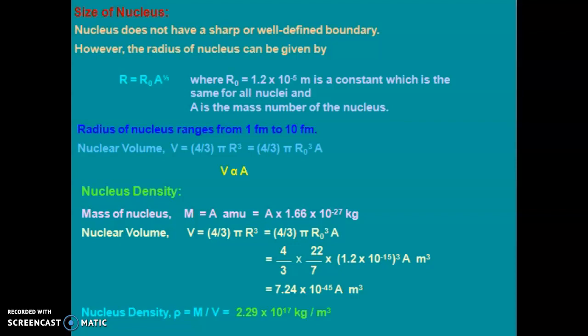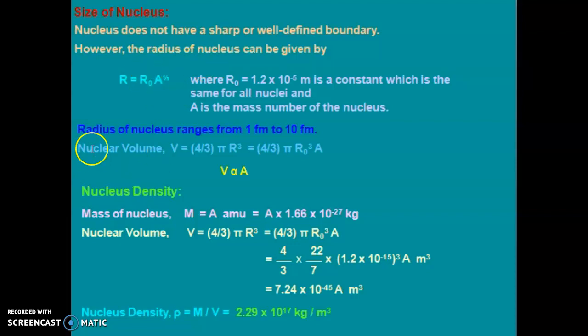Now we will study the size of a nucleus. Nucleus does not have a sharp or well-defined boundary. It has a very cloudy boundary. However, the radius of nucleus can be given by a formula. This is the basic formula: R is directly proportional to the cube root of atomic mass number.